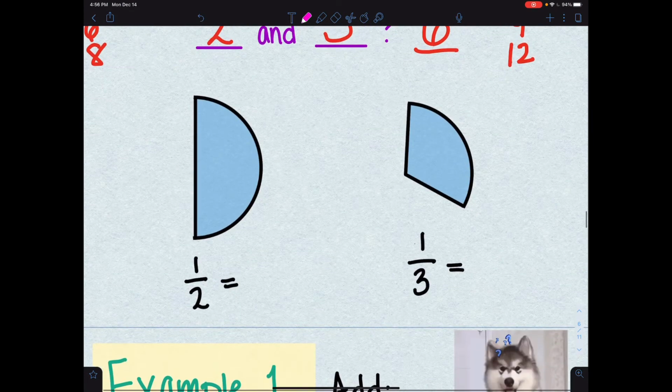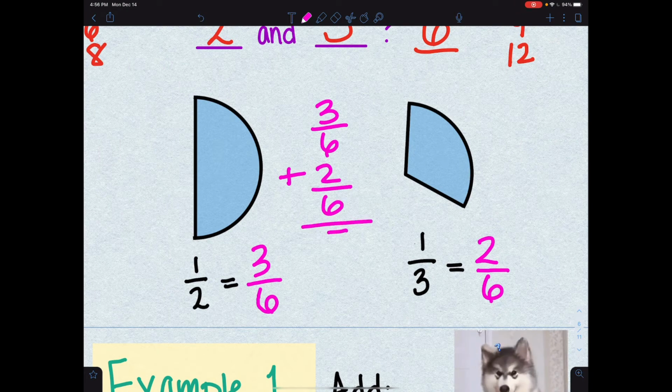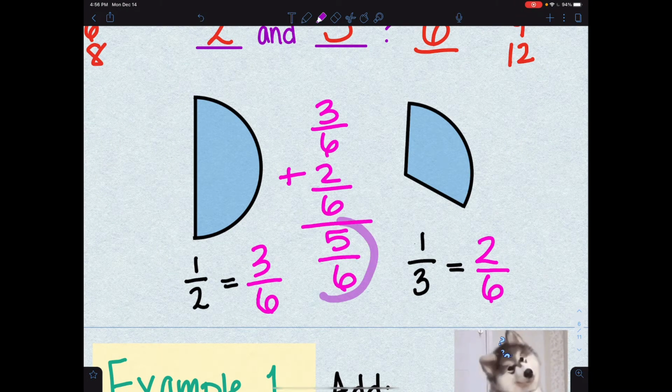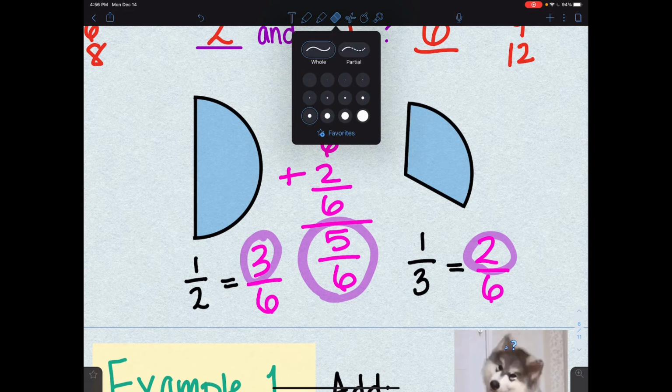Let me do it here. 3/6 plus 2/6 is 5/6. And that's the answer, because you just added the numerators. You added 3 and you added 2 and you kept the denominator the same. Remember, that's how we add fractions.